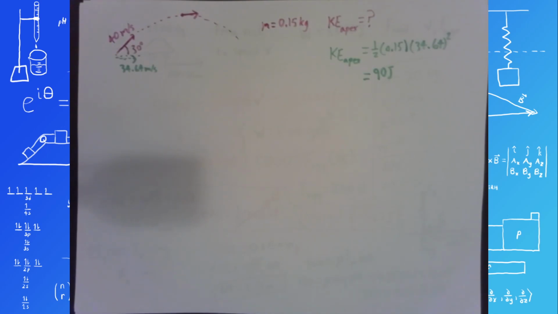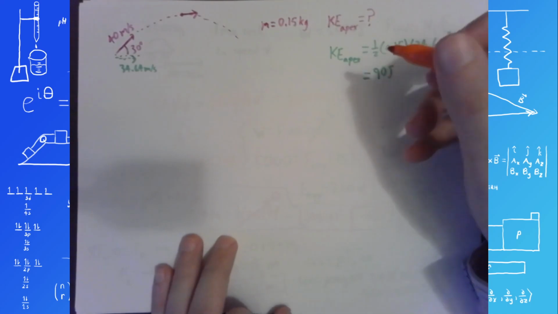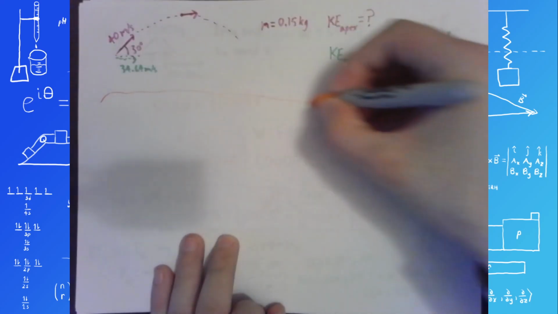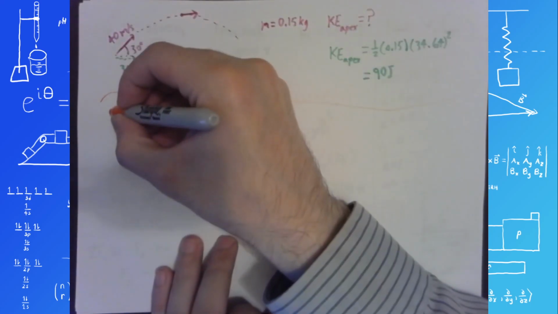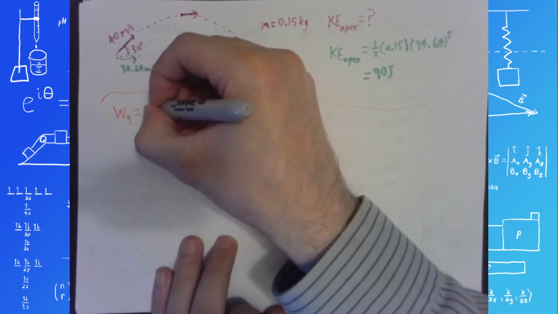Oh, right. I wanted to ask another question. How much work is done on this baseball by gravity? So that's my bonus question. What is the work done by gravity on this thing?